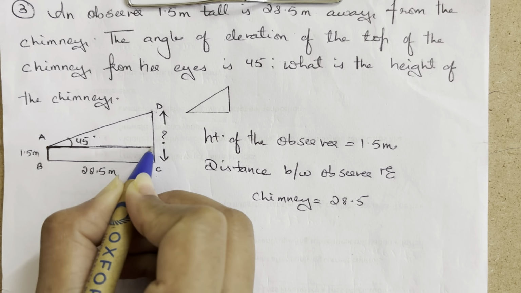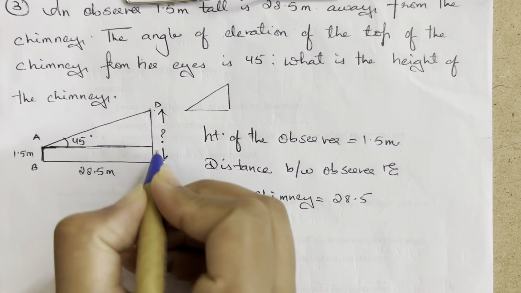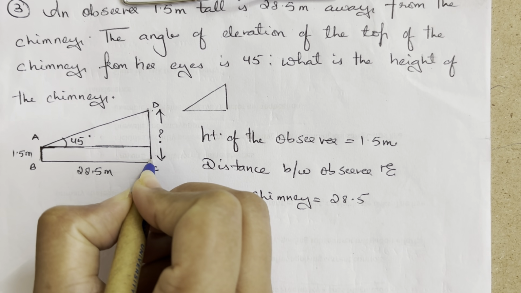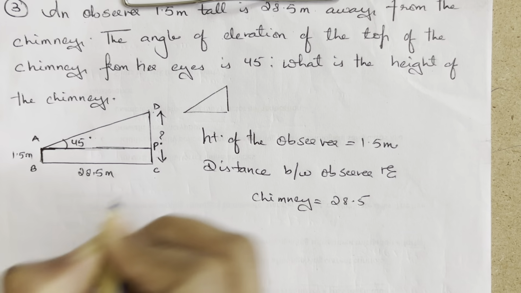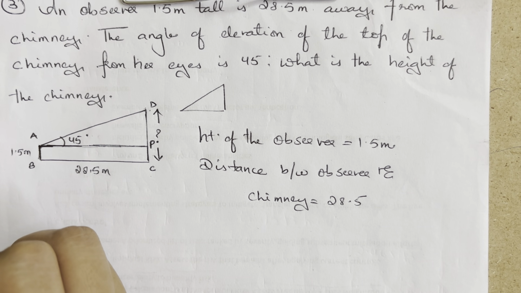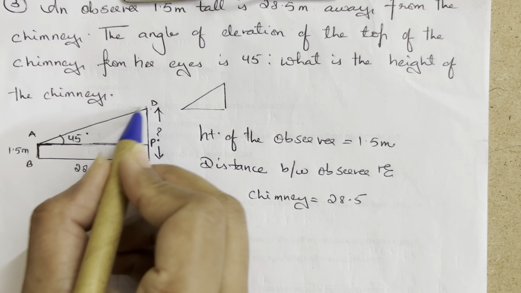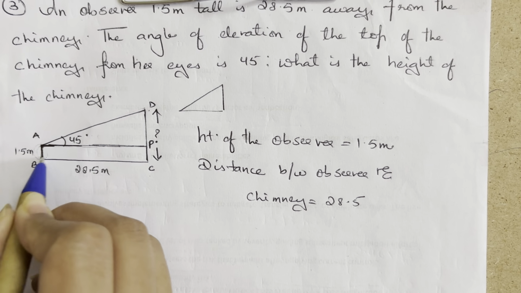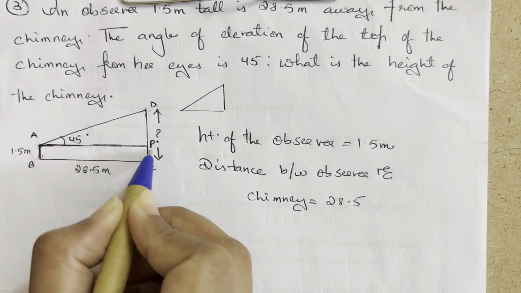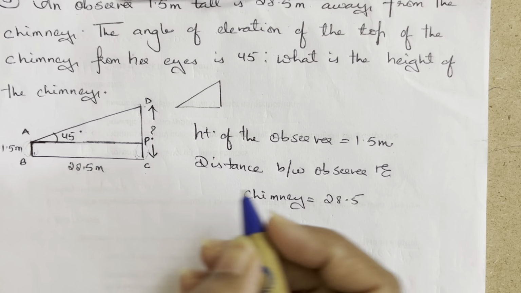Now if you look at the chimney, if this is 1.5, this will also be 1.5, isn't it? So let's just name this as some point P. Okay, I'm naming it as some point P. What's actually happening in here is, I am just going to consider this particular triangle because I know this height is 1.5, so exactly on the other hand side it is going to be 1.5 itself, isn't it?